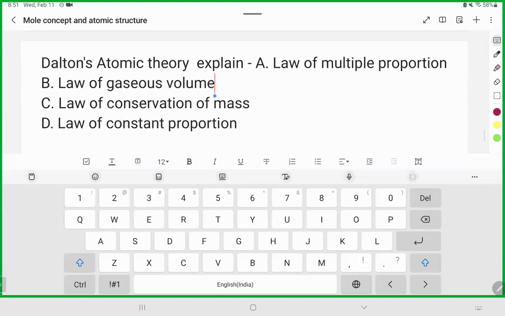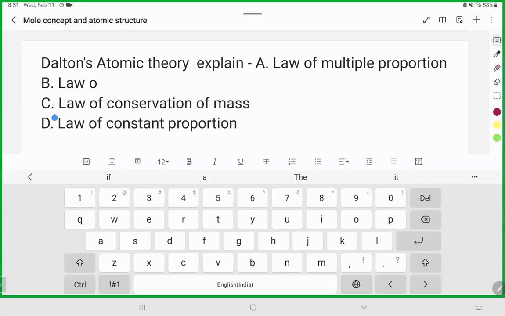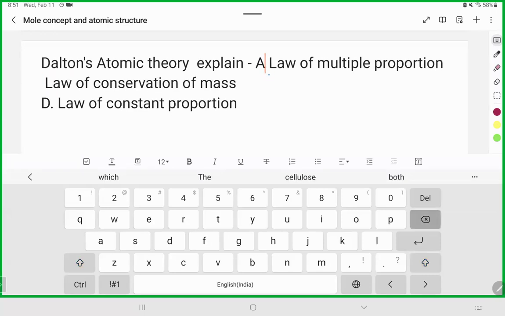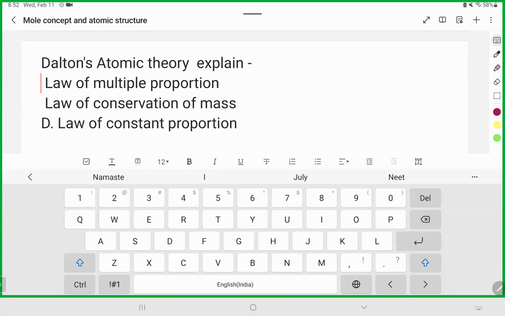So you can delete this part. Why? Because theoretically everybody teaches that Dalton atomic theory explains that every element will have exactly same nature, same number of electron, proton, and neutron, and all the stuff. So Dalton atomic theory explains these 3 important concepts.